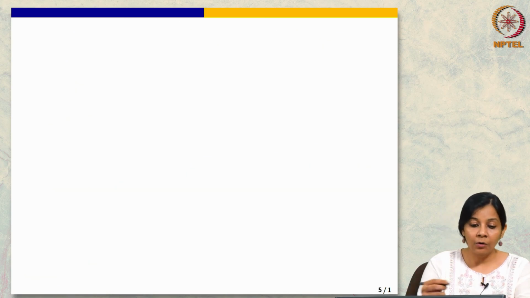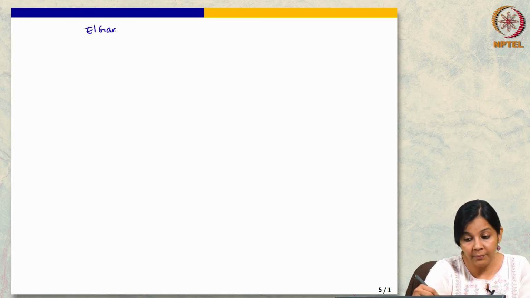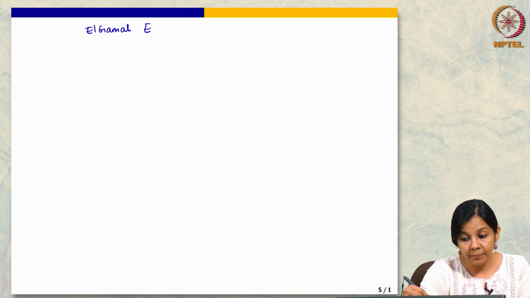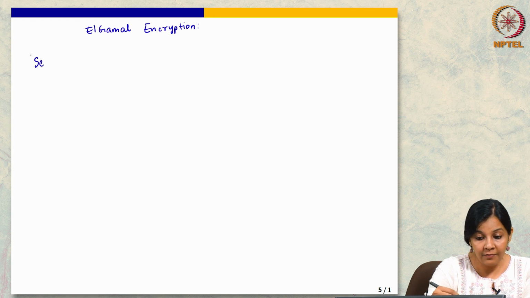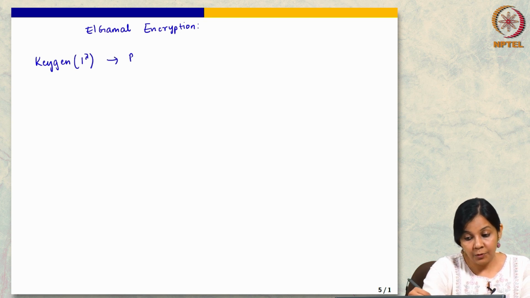So today we want to see public key encryption based on this assumption, and this is a very famous scheme. It's called El-Gamal encryption. Okay, so we have this key gen algorithm here, and this is supposed to output a public key and a secret key, right?